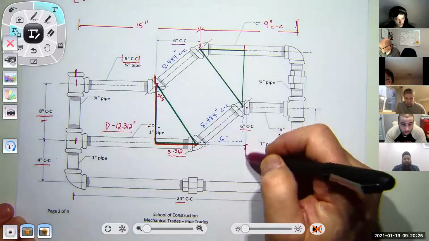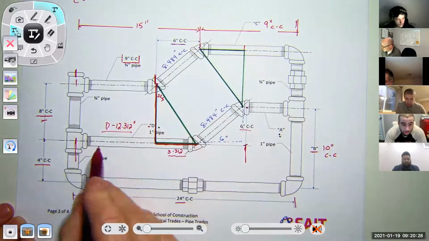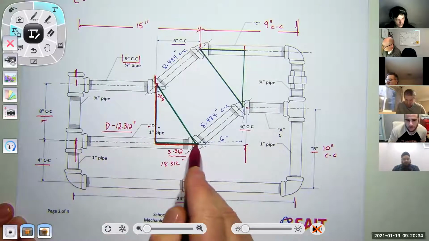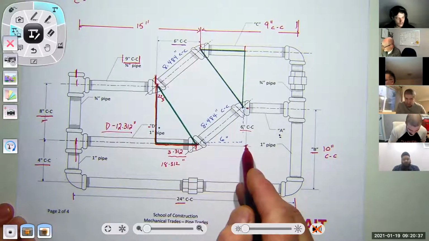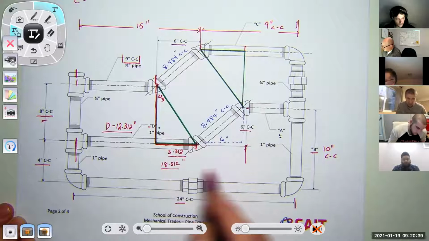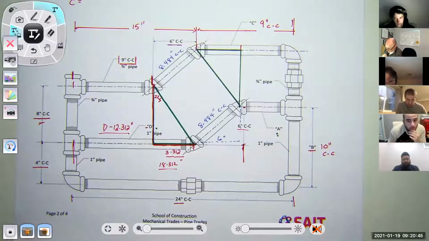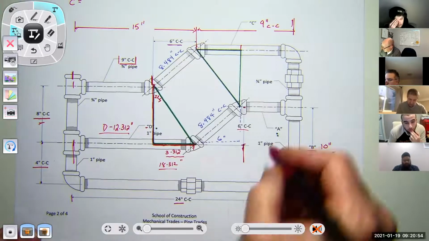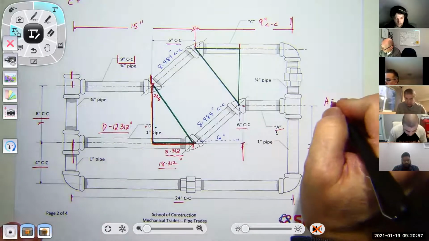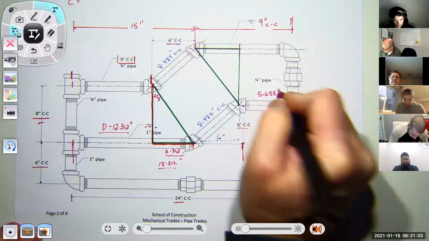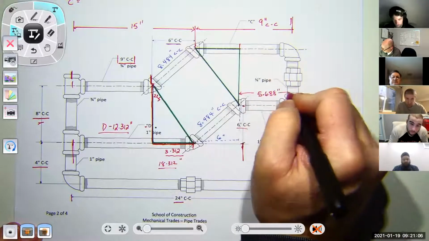So that's 12.312, add 6. That's 18.312. And if I minus that off 24, 24 minus 18.312 makes pipe A, this measurement right here across, 5.688 inches center to center.